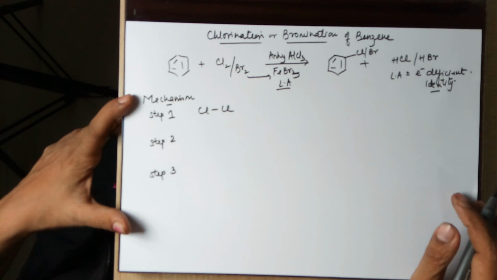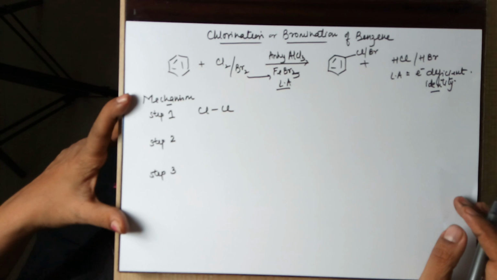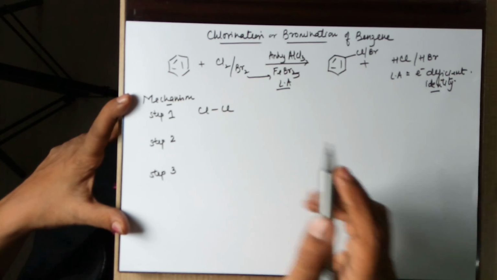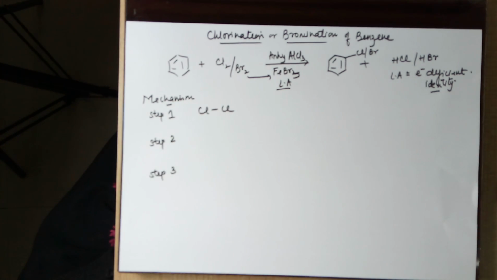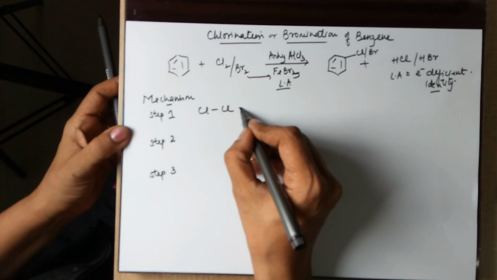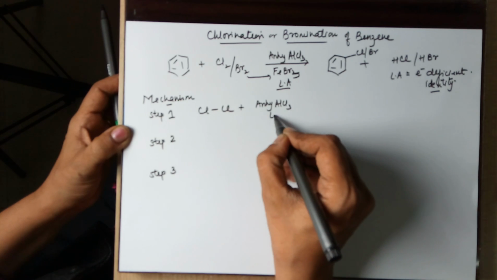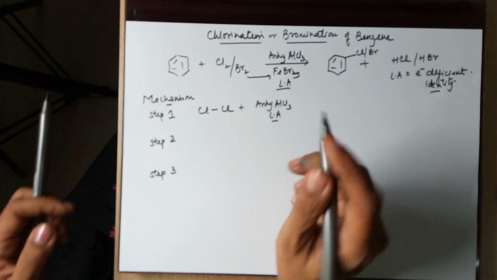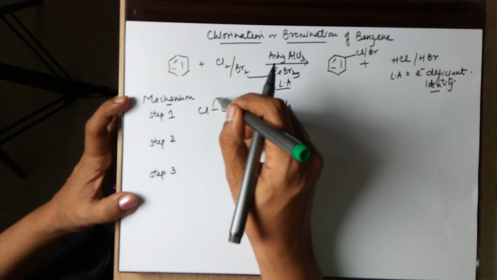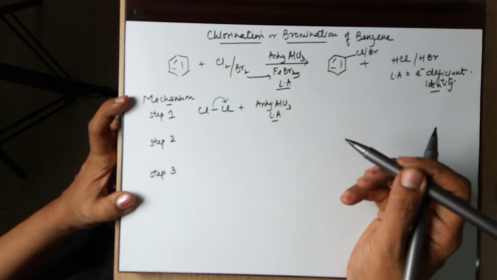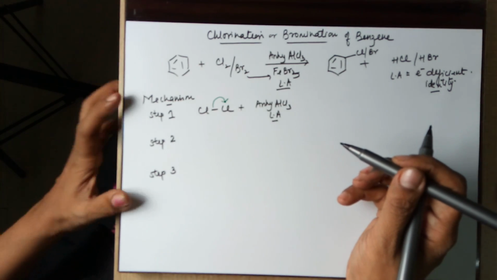Just for the information, looking at the mechanism for chlorination. Step one: the chlorine molecule reacts with the anhydrous AlCl3, the Lewis acid, which is seeking electrons, and leads this bond to break by heterolysis. The shared pair of electrons goes to one chlorine.